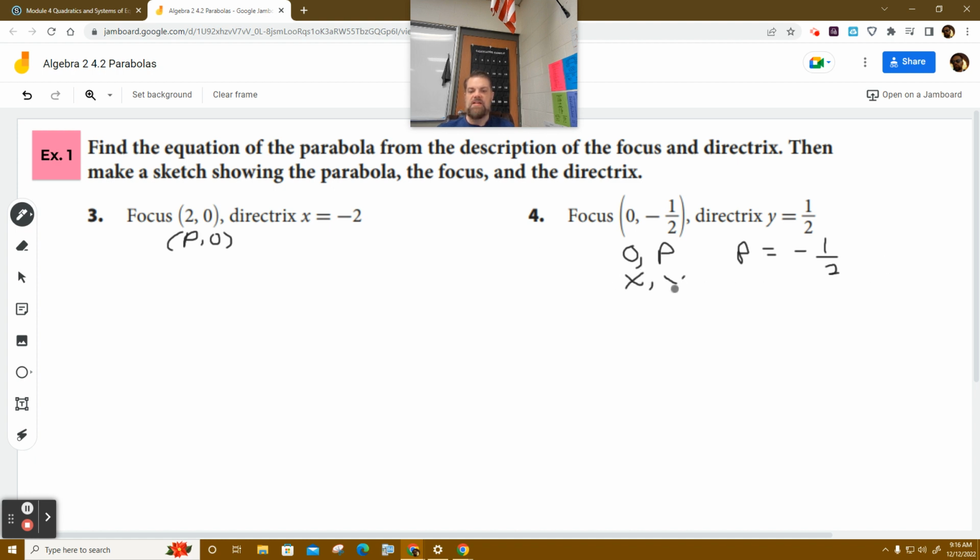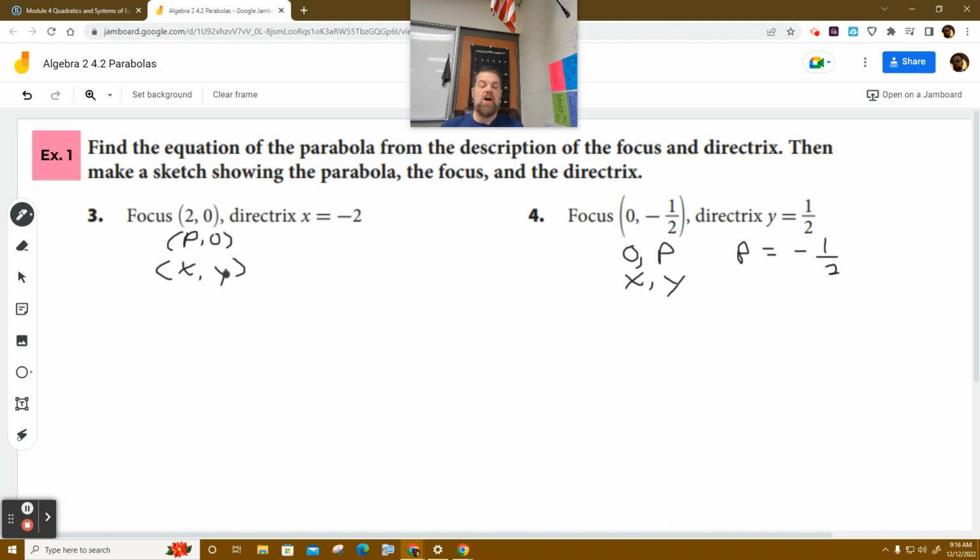So for an x value P, we do one thing. For a y value P, we do another. These are x comma y values, but with regards to formulas and how we graph it, we're going to label them as P. The other one is going to be 0 always.